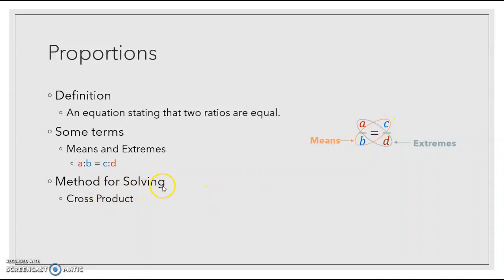And you'll notice that when we're solving it, they're the ones that create our cross product. If I was to solve this, I would do A times D is going to equal B times C. So let's see some examples of how to solve these.